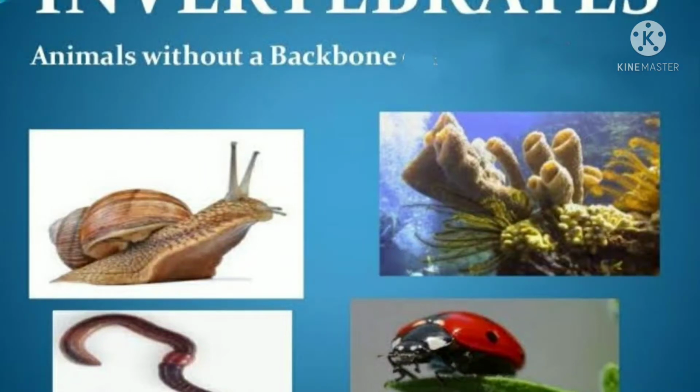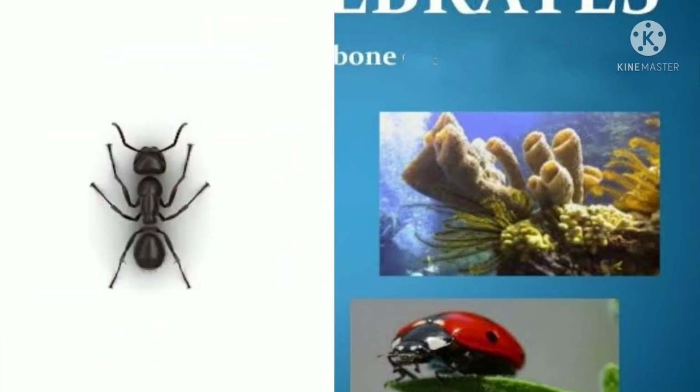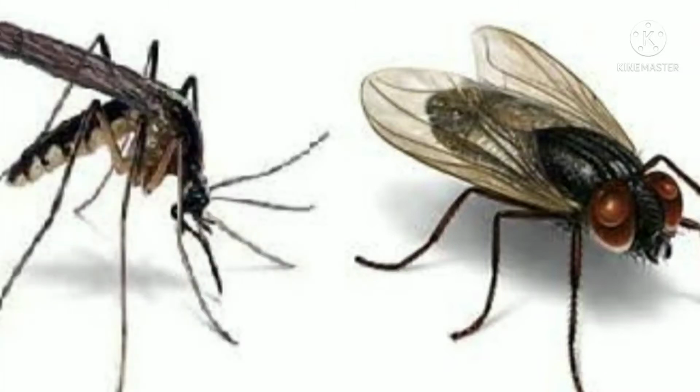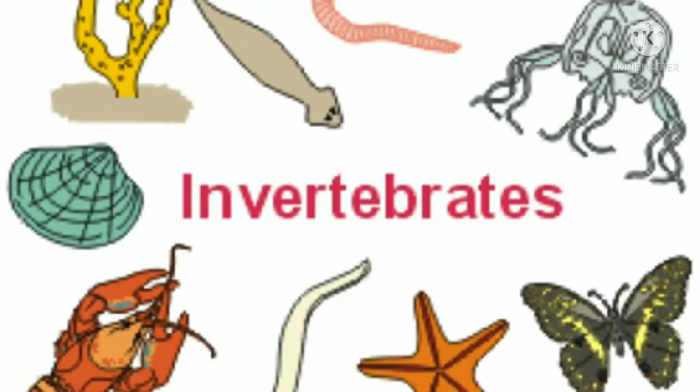First, we can learn animals without a backbone. Okay. Children, can you tell me some examples of this group? Yes, ant, cockroach, housefly and mosquito. So, animals that do not have a backbone are called invertebrates.